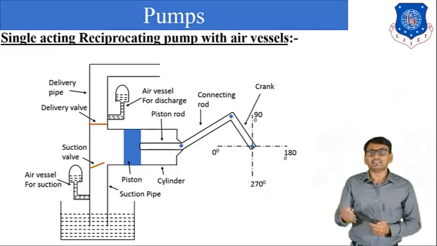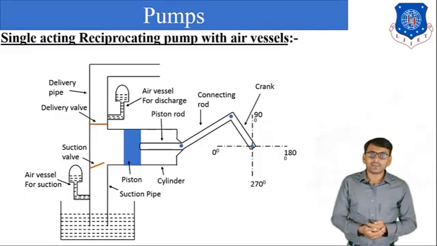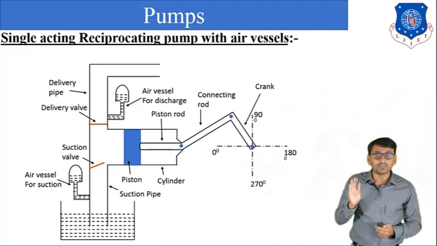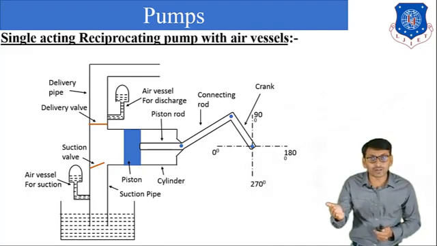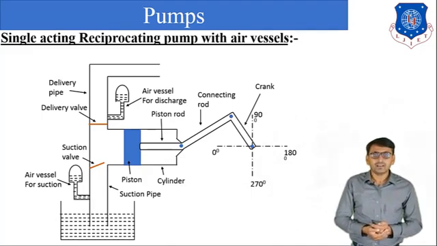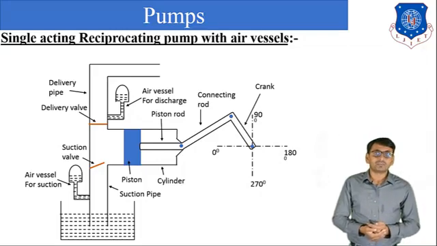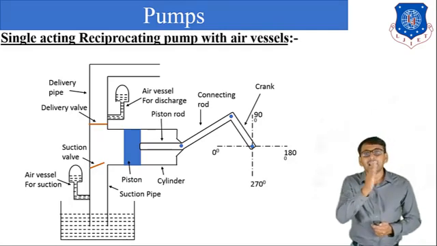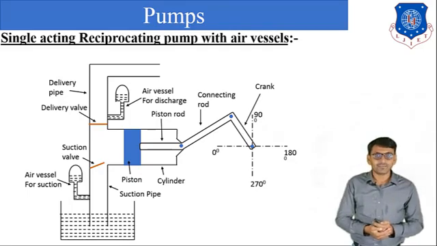Now, in this diagram, the air vessel acts as a reservoir of water. It means it temporarily stores water and supplies it whenever required. During the delivery stroke, that is the second stroke, the suction valve closes and the piston moves to the left in the cylinder.